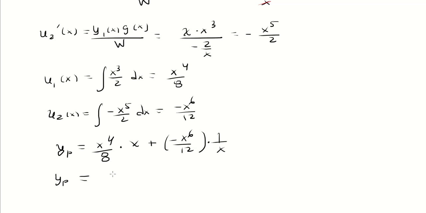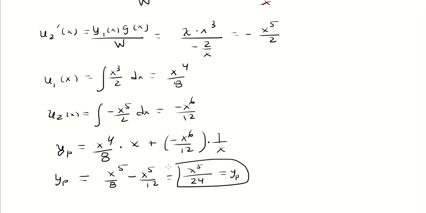Simplify that. That's x to the 5th over 8 minus x to the 5th over 12. They both have x to the 5th. Simplify that to get x to the 5th over 24. So this is our particular solution.